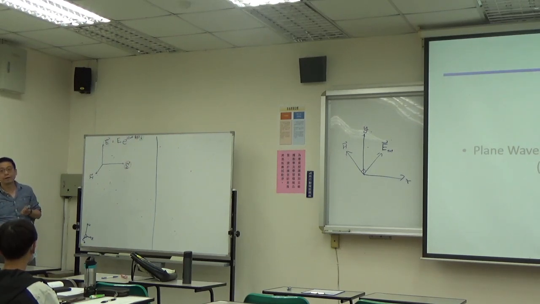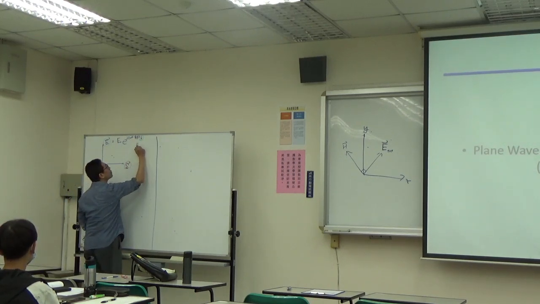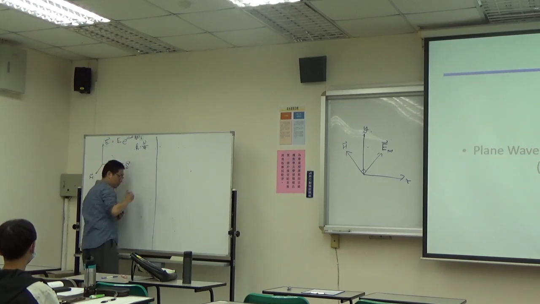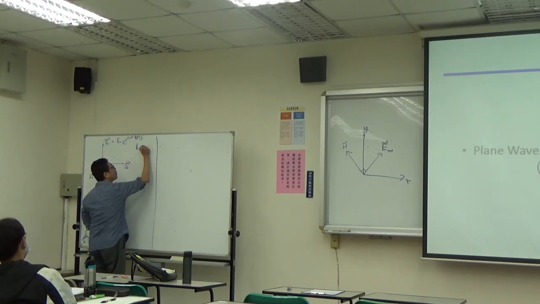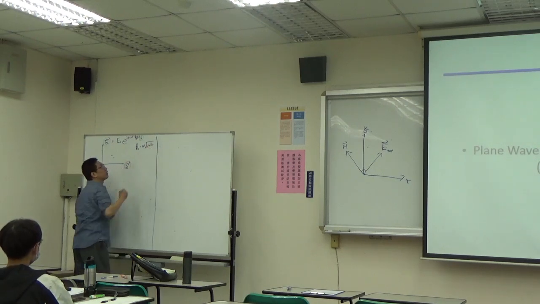Everyone okay, right? So your K, I use K0, equals omega over C, which is omega multiplied by the square root of mu 0 epsilon 0.